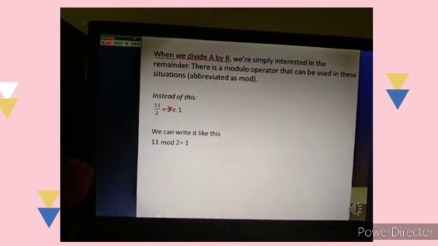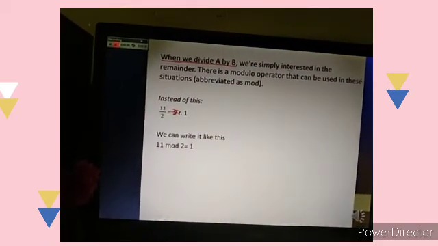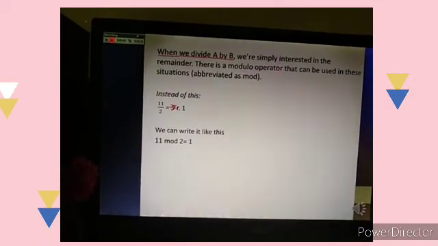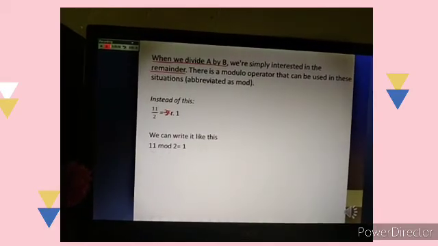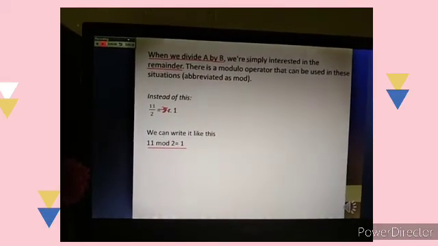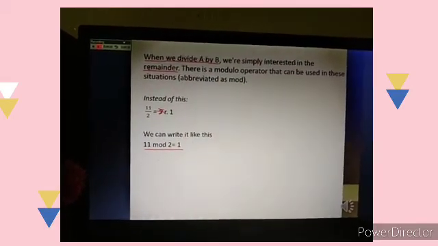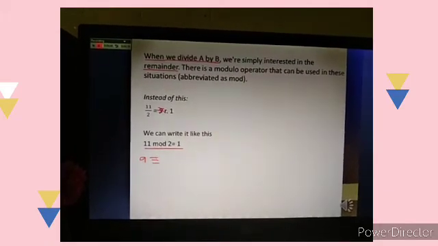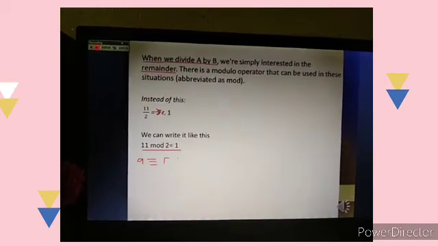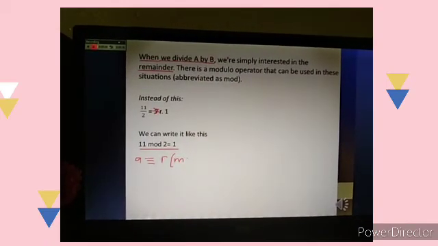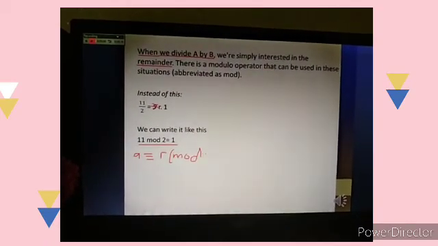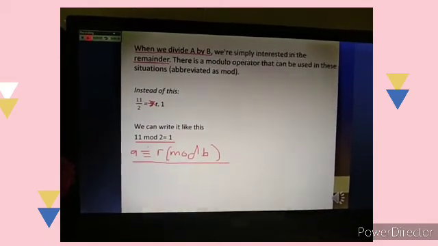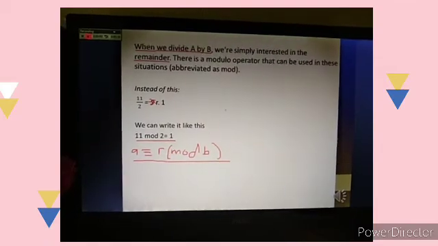Cancel that, because what modular arithmetic looks for is the remainder, which is this. Instead of this, we can write it like this, and also this one. A, as I said earlier, three lines, remainder, mod B. That is how it is written.